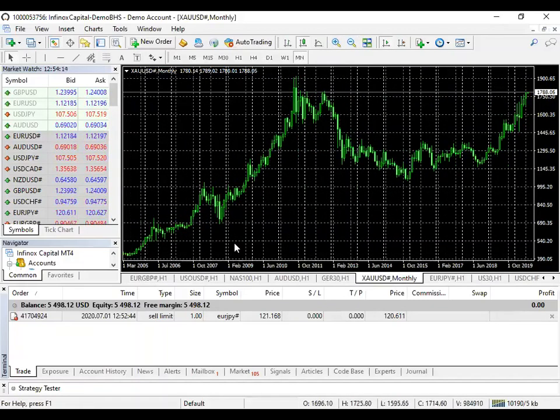So gold has come from this end, and it has gotten to this point. And then this is October 2011. So the last time gold got to this point is 2011. It's a very long time. So gold has only reached this region once, and there's a resistance around here.